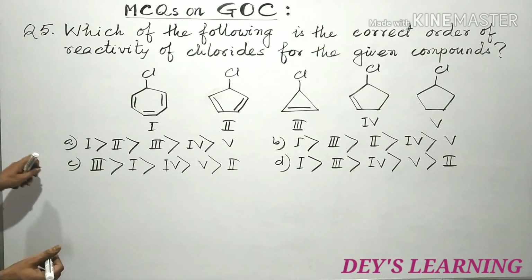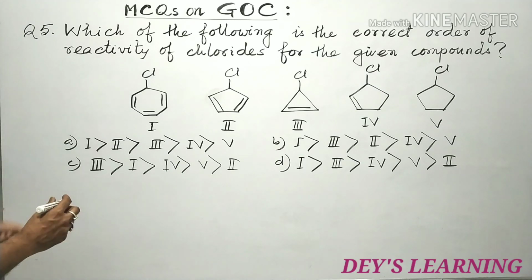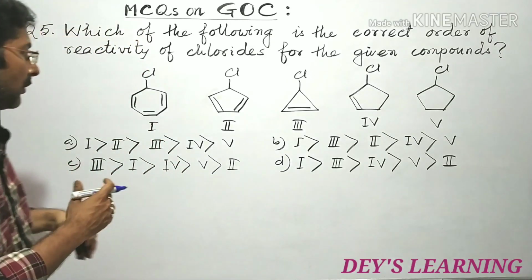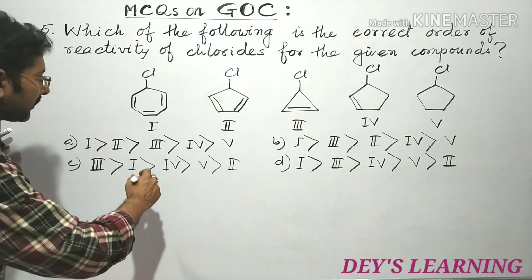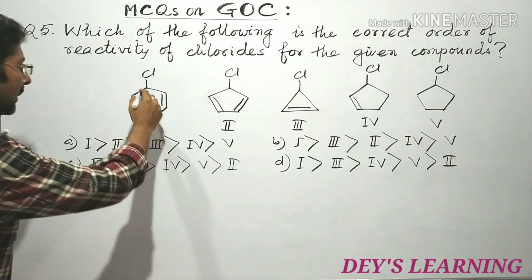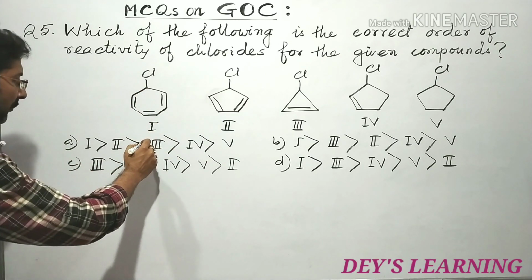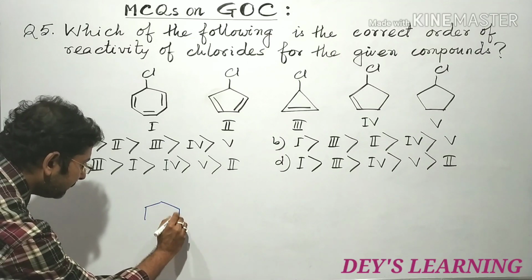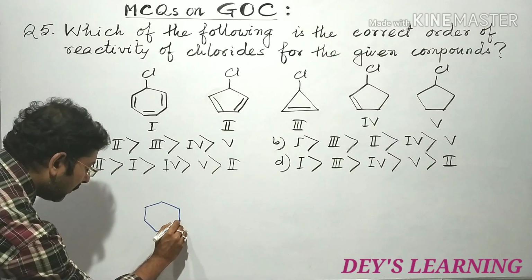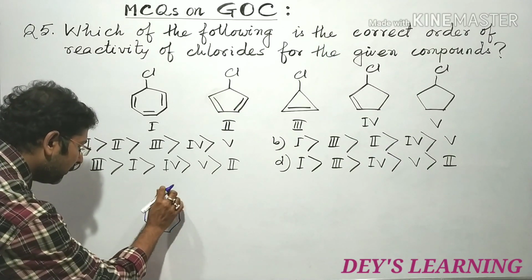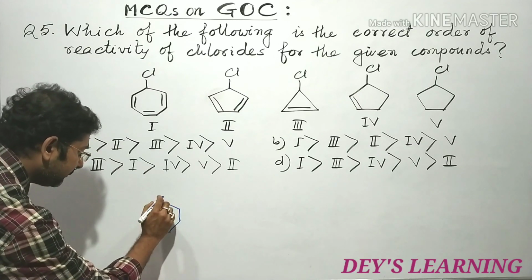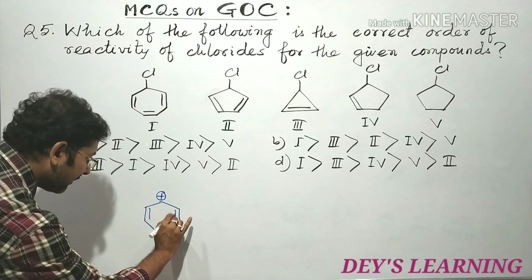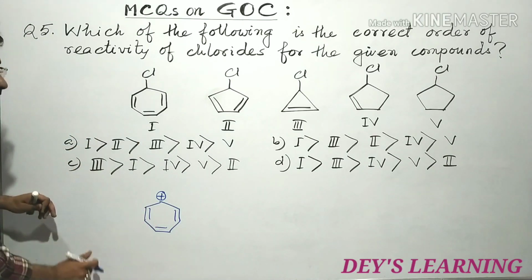Now look here. If we remove Cl minus from all of these compounds, then from compound 1 we will get this carbocation. If we remove Cl minus from here, we will get this carbocation.